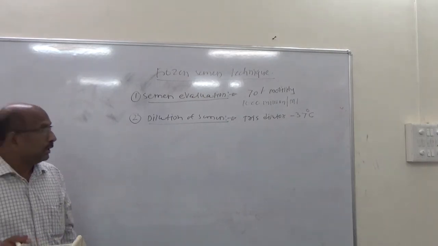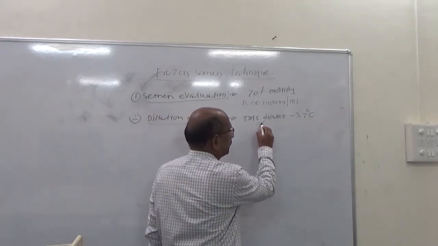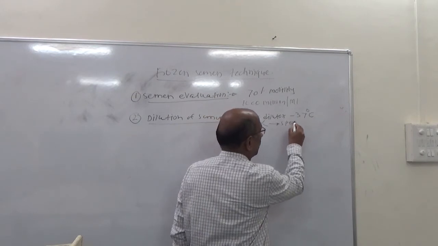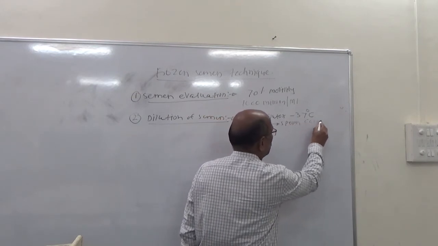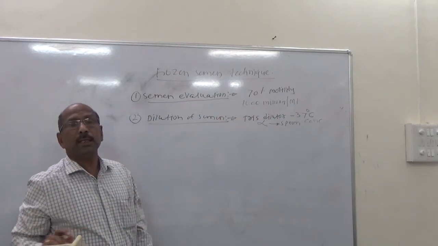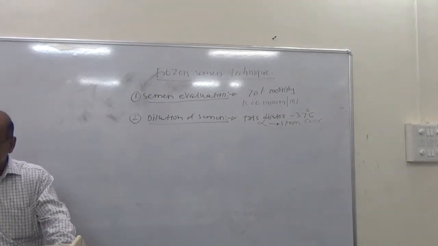The rate of diluter is directly proportional to the sperm concentration. How much diluter should be added is directly proportional to the sperm concentration.